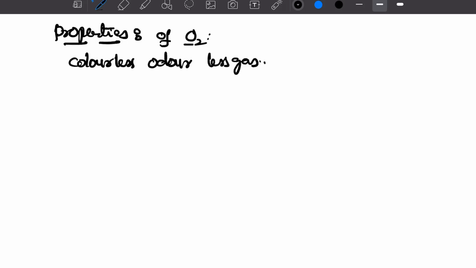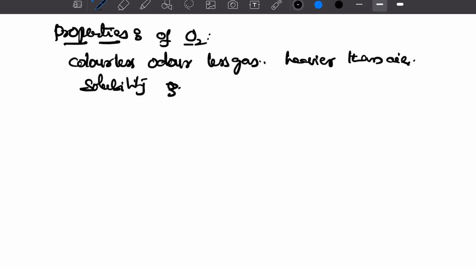It is denser than air, so it is heavier than air, and it is soluble. The solubility is 3.08 cubic centimeters per 100 ml. Since it is soluble in water, it is the main source for aquatic life.